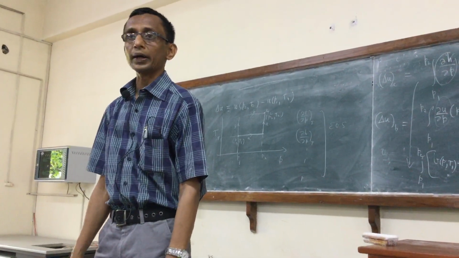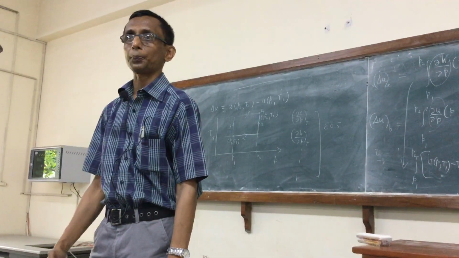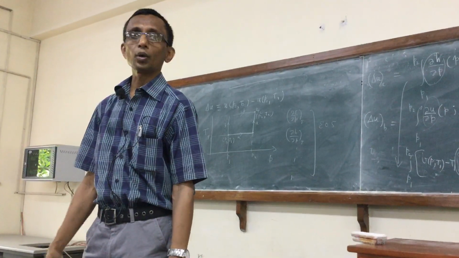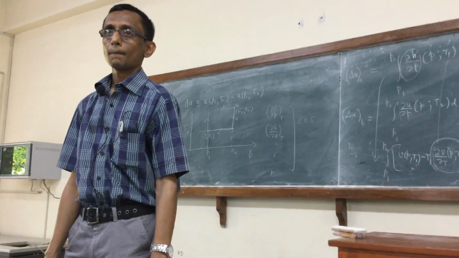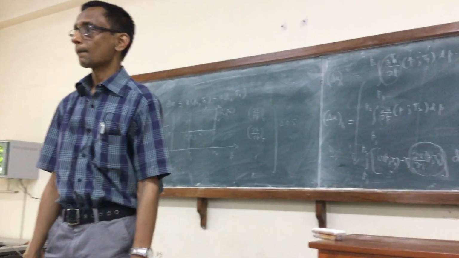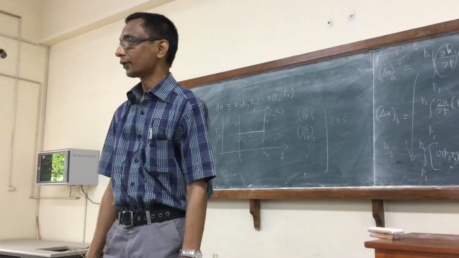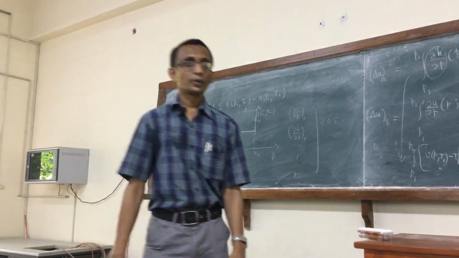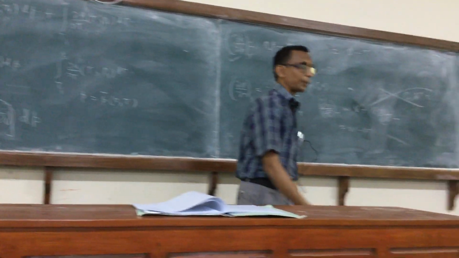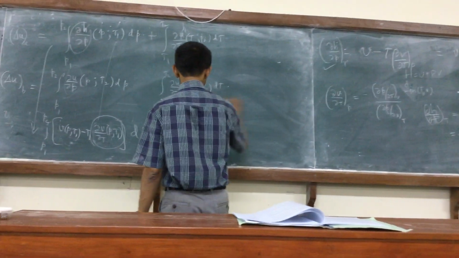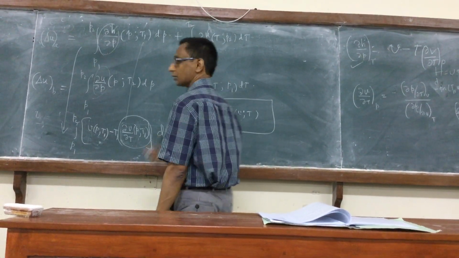So how do I convert the integral over P to an integral over V? How do I convert? Substitute for P, right? So now I have to make use of this transformation.